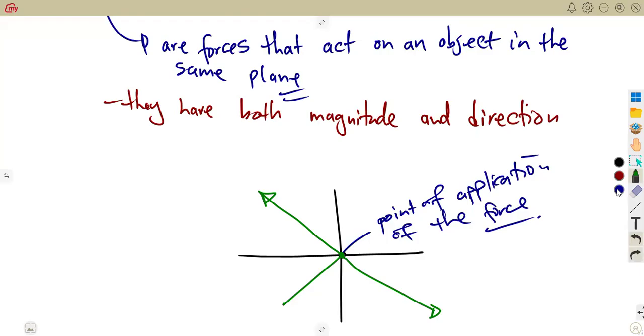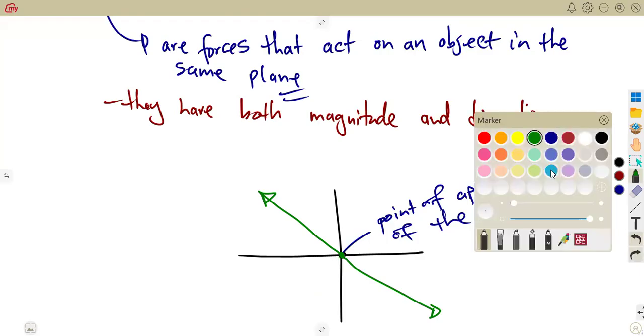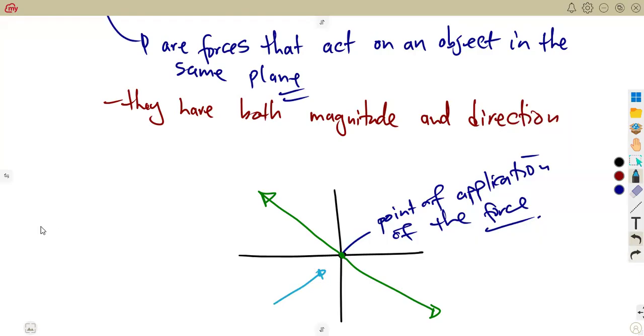So whatever that you are given that is facing the point of application of the force, it must be extended to the other side. If you're given a force like this, you must extend it so that it must be taken from this point. So whatever that you're going to have later on in our calculations, that must be kept in mind. It must be taken from the point of application to wherever the direction that you be given there.